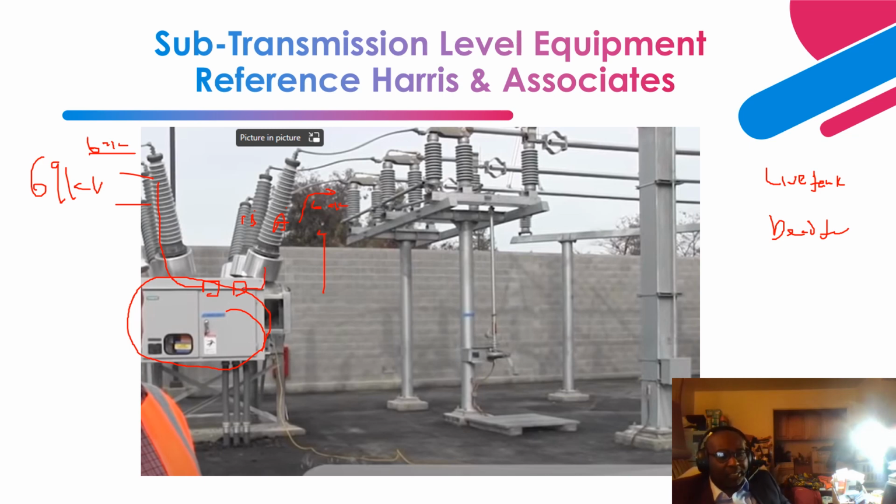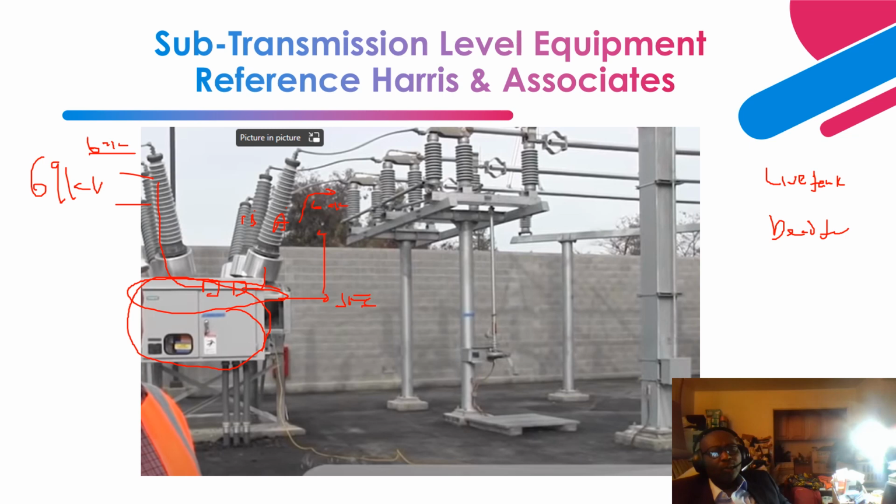Inside, below this, is an interrupting chamber that is filled with SF6 gas at the required pressure. This SF6 gas is an insulating medium and an arc quenching medium.